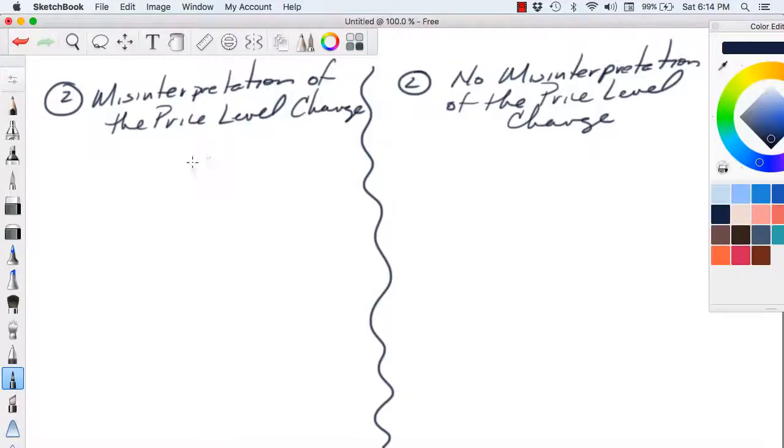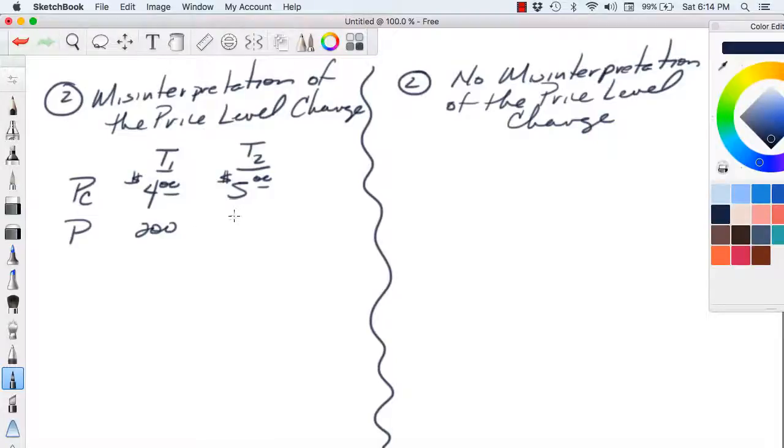Okay, so let me just give you an example. T1, T2, and let's say the price of corn, a specific product, is $4 here, and let's just say it's $5 here. Let's say that over the same time period, producers think the price level has stayed relatively stable, say at 200.